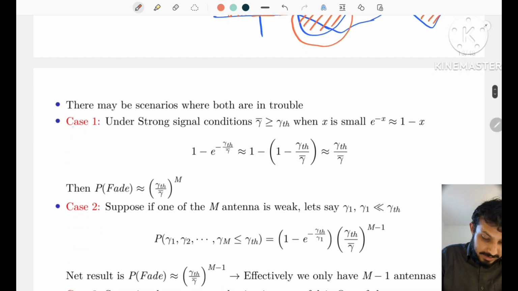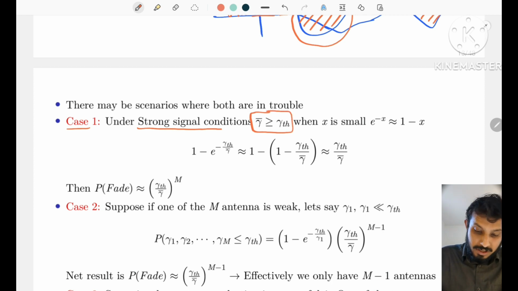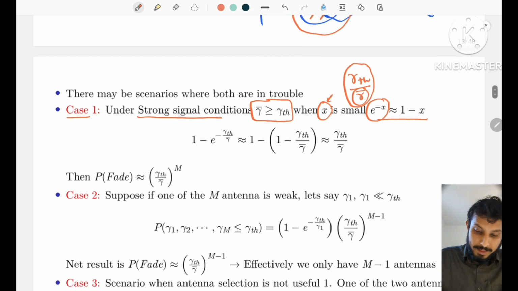There are certain cases, let's say under strong signal conditions, when gamma bar is very, very much greater than gamma TH. In this case, x will be small because x is written as gamma TH upon gamma bar. When gamma bar is greater, this value will be very small, and then e raised to power minus x can be approximately written as 1 minus x.